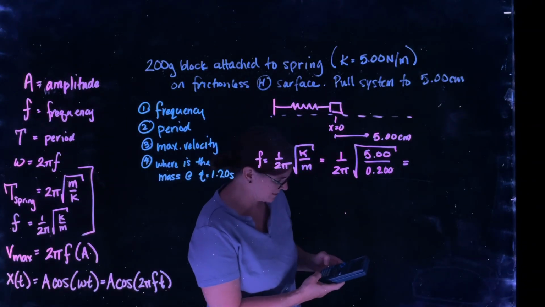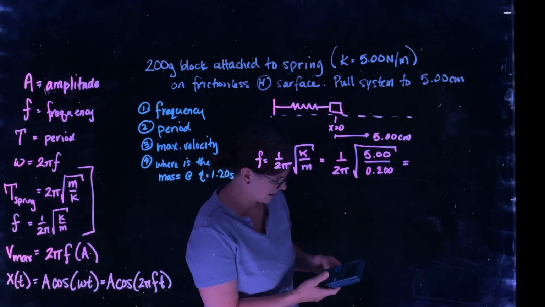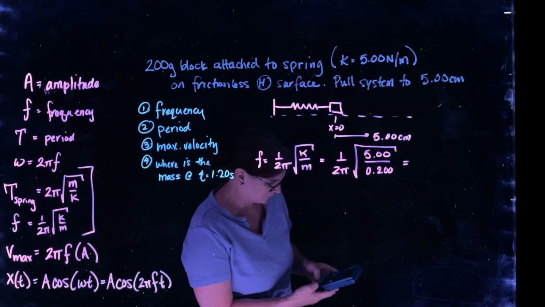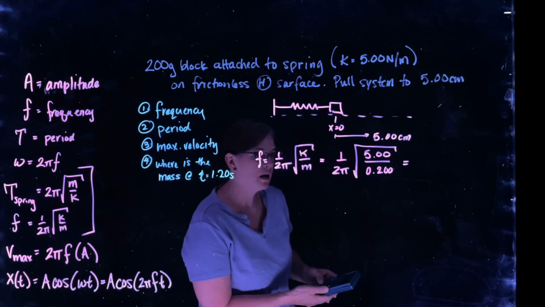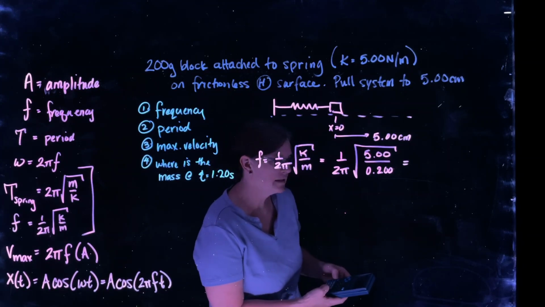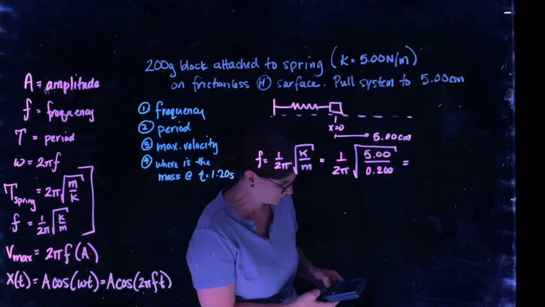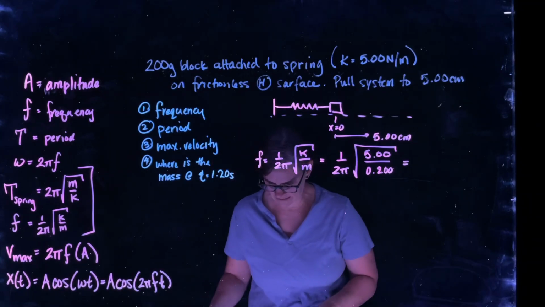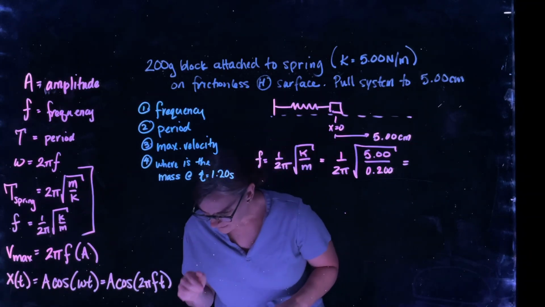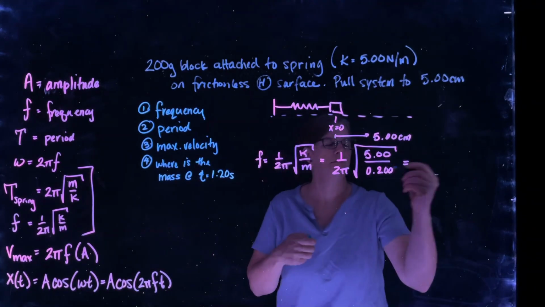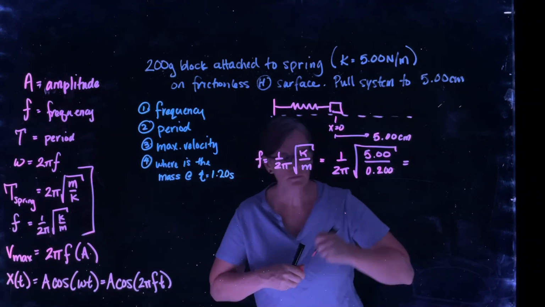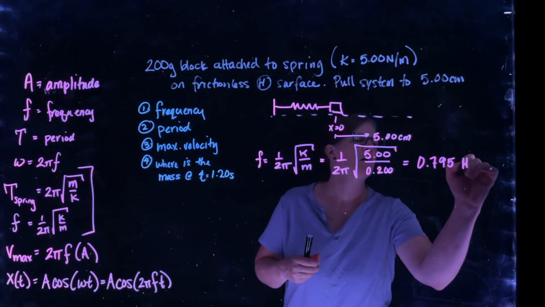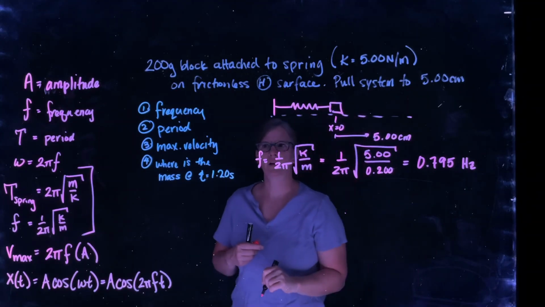So we have 1 divided by 2 pi times the square root of 5 divided by 0.2. And we get a frequency of 0.795 hertz. All right, so that's number 1.